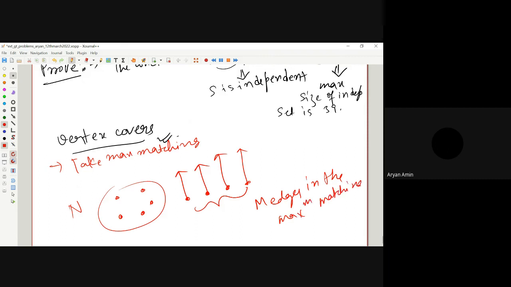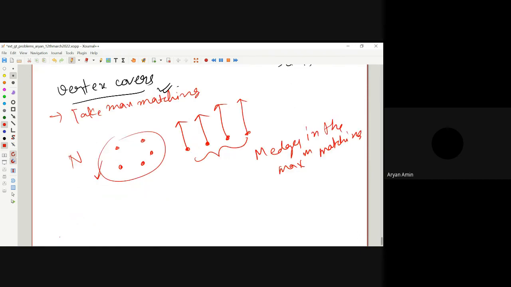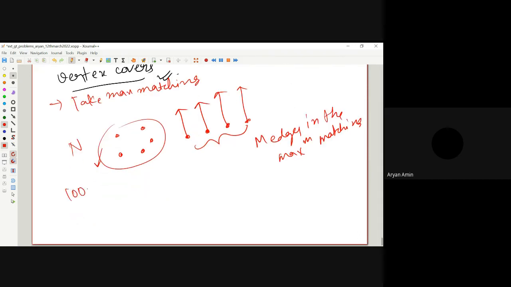So obviously N has 100 minus 2M vertices. Again, note that N is independent due to maximality of M.